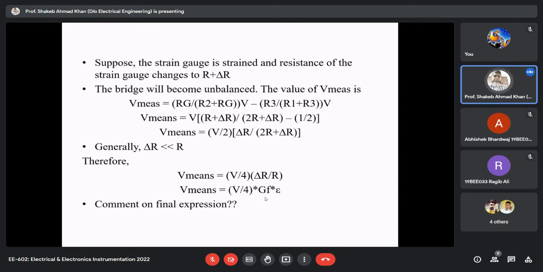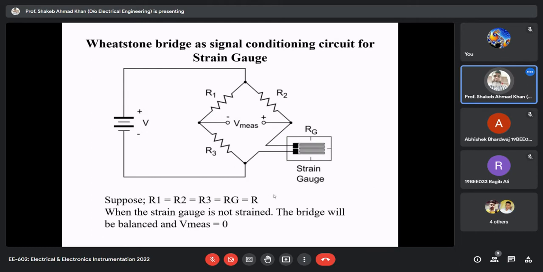We always want that our final expression should have a linear relation with the stimulus, like this. That's why I was saying yesterday that this signal conditioning circuit, although doing the same thing whatever a voltage divider circuit does, is better in this sense.